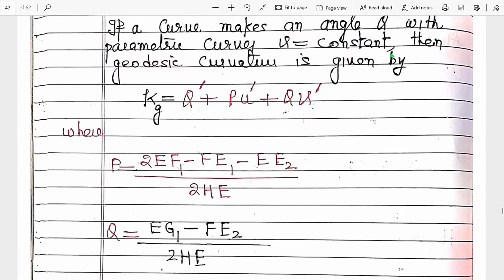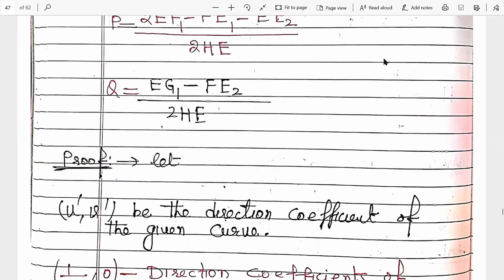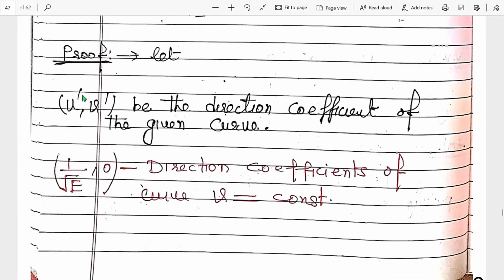Now, how can we prove it? First, let u dash, v dash be the direction coefficients of the given curve, and we know the direction coefficients of v constant are 1 by square root of E, comma 0.